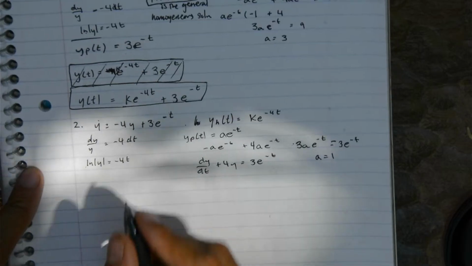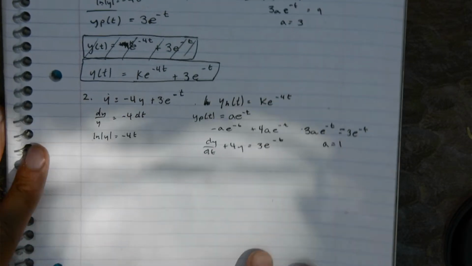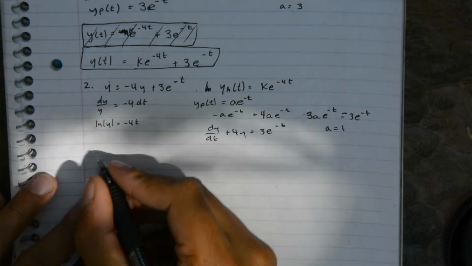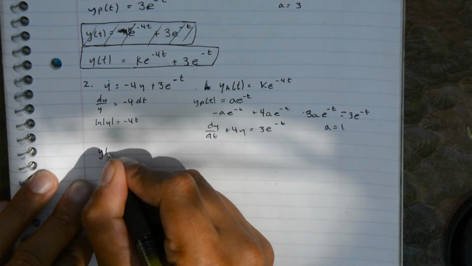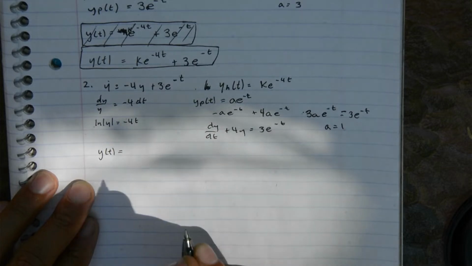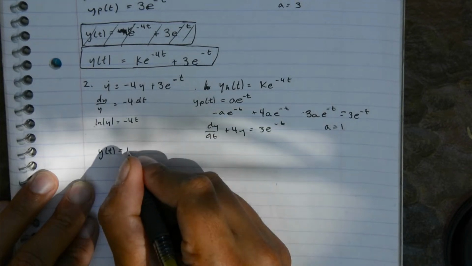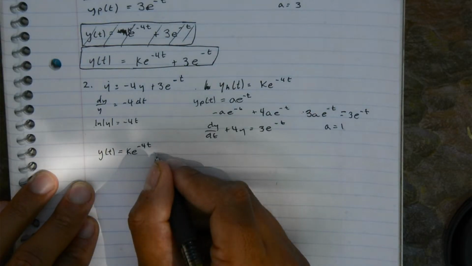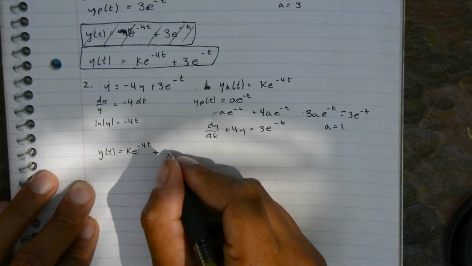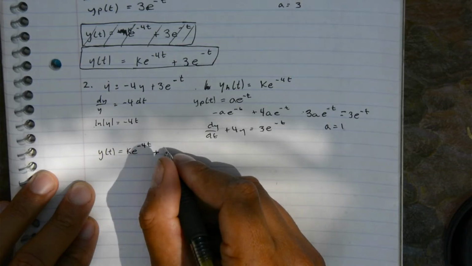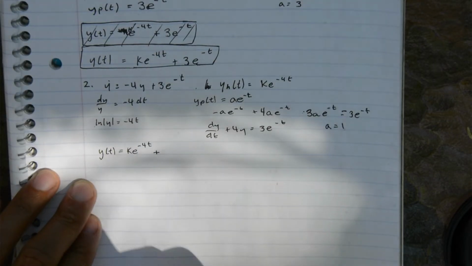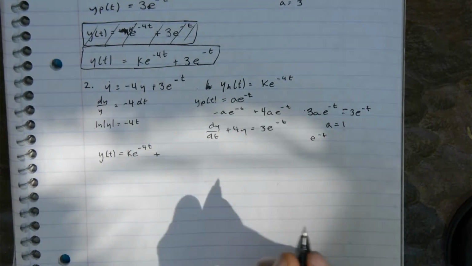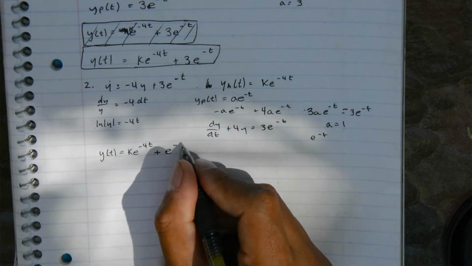So I'm pretty sure the general solution is going to be y of t is equal to k e to the minus 4t plus e to the minus t.